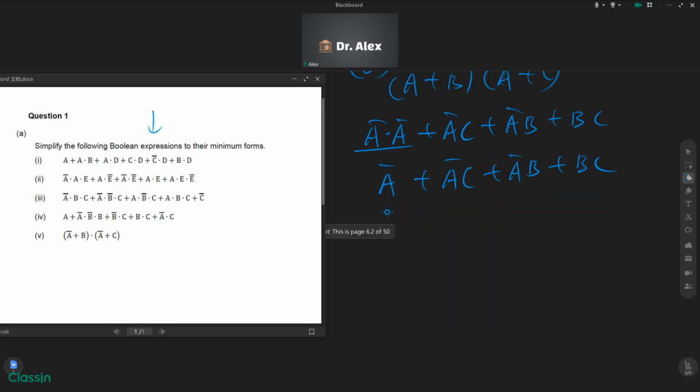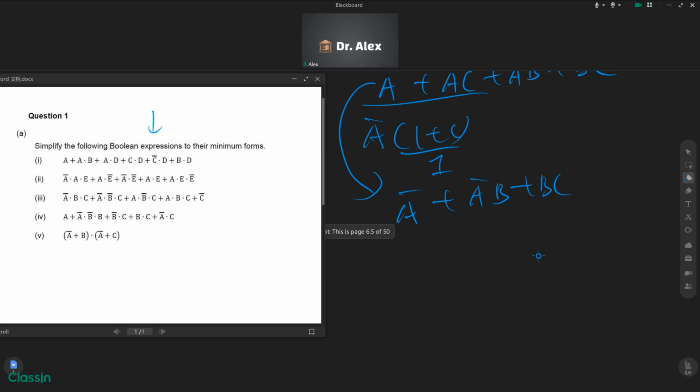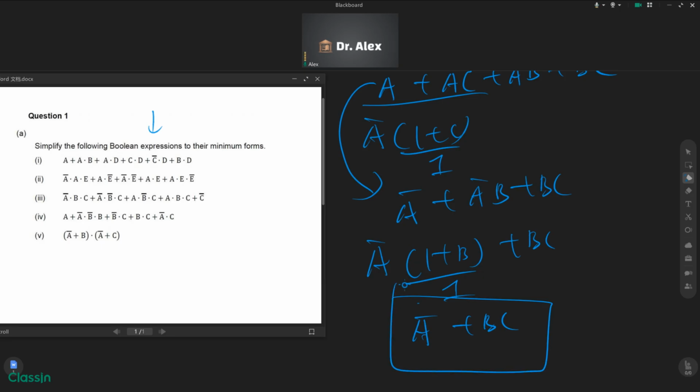And we use the previous method for the first two items. This is 1, so it's 1 times A, not A, plus not A B and BC. From here to here, we just keep applying the previous method. This is always 1 and A, not A, plus BC. This is the final result.